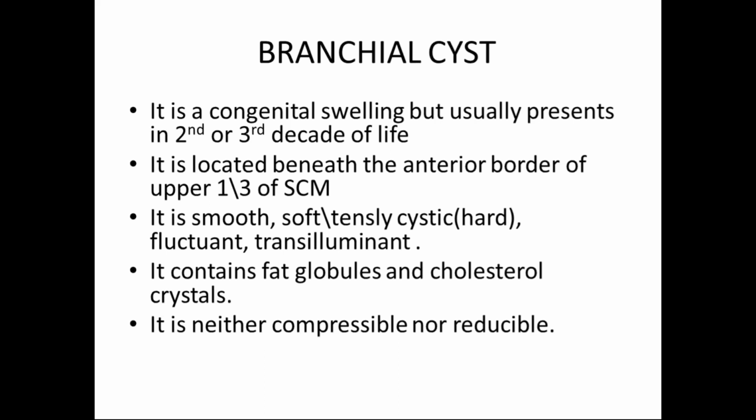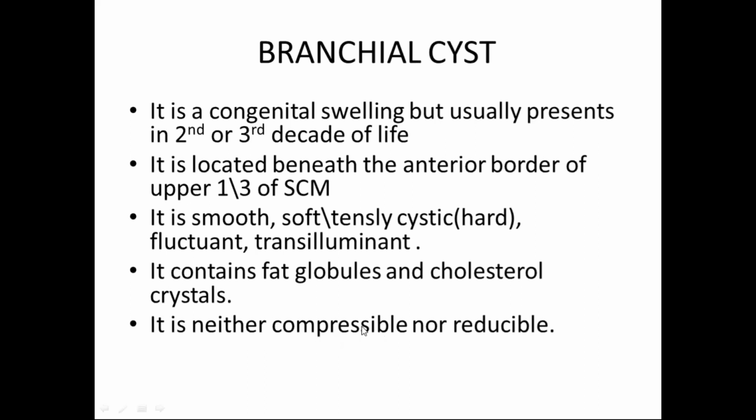It is smooth, soft, or tensely cystic. Tensely cystic is hardened on palpation, fluctuant and translucent. It contains fat globules and cholesterol crystals. It is neither compressible nor reducible. Where does compressibility occur?